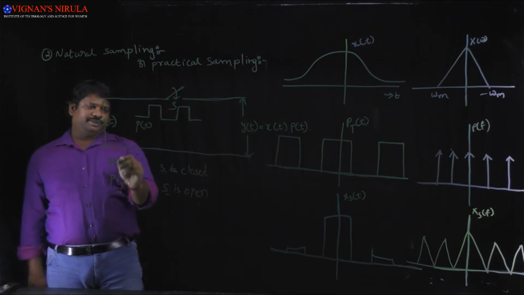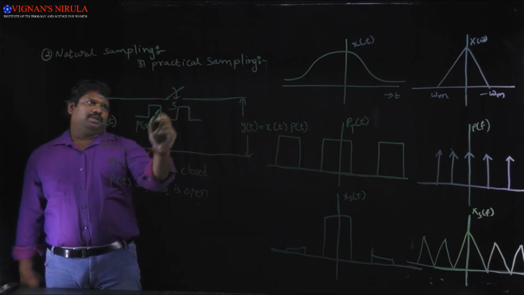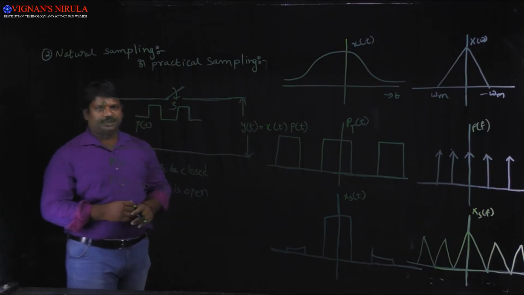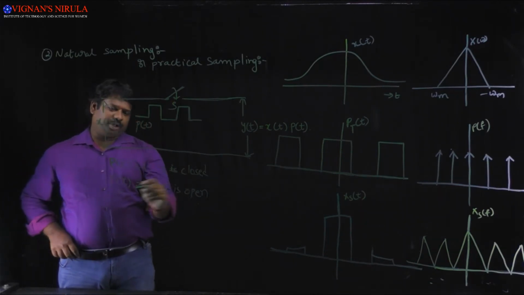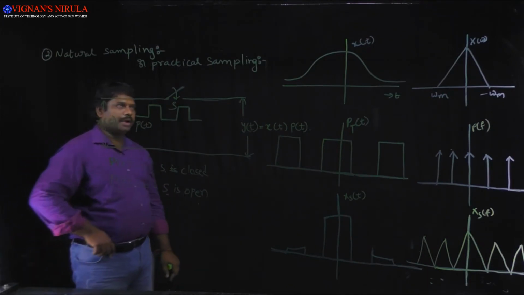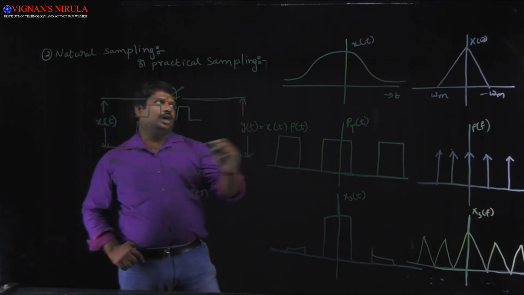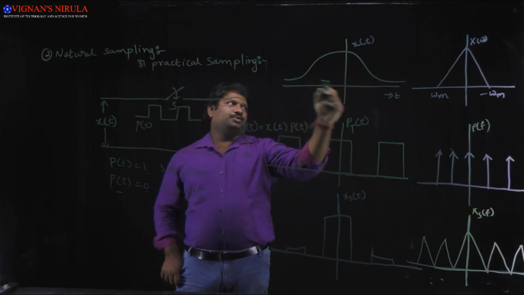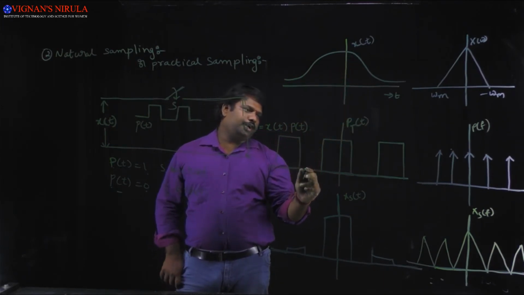This is a continuous signal, and the switch will be operated by the p of t signal. When the p of t signal is 1, the switch will be closed. When it is 0, the switch will be open. These are the waveforms for the first initial continuous signal, which varies continuously with respect to time.